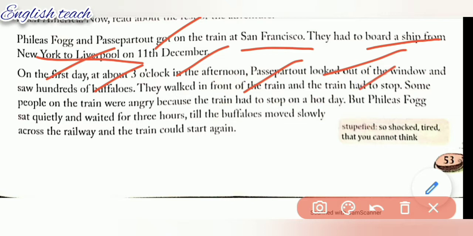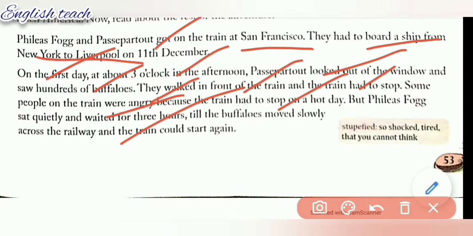Some people on the train were angry because the train had to stop on a hot day. But Fogg sat quietly and waited for 3 hours till the buffaloes moved slowly across the railway and the train could start again.